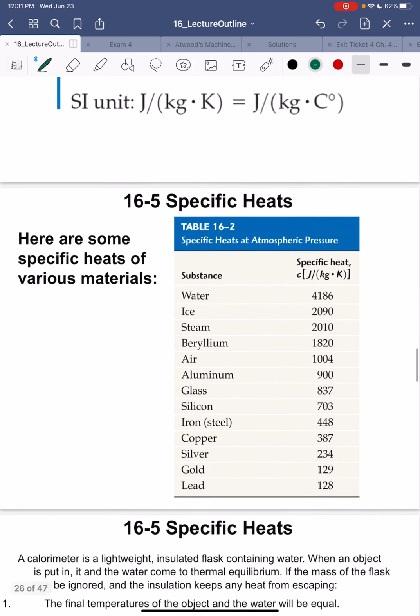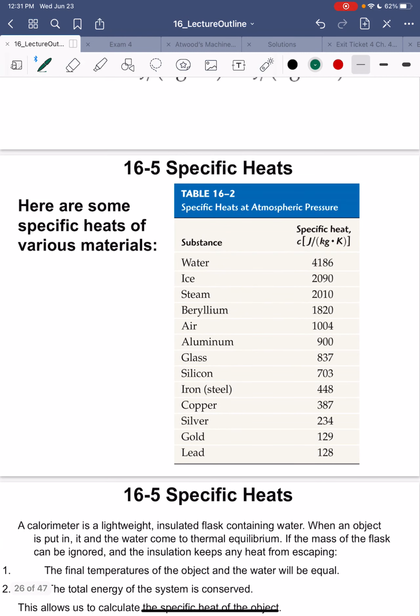Here are some of the specific heats of various materials. If we look at the number for water, you will see that it is significantly high. If we look at metals, these numbers are very low.